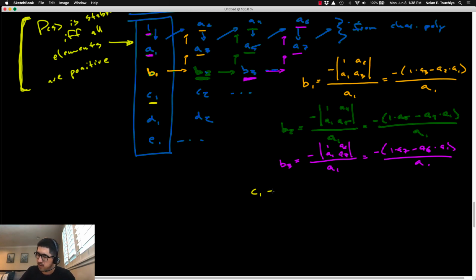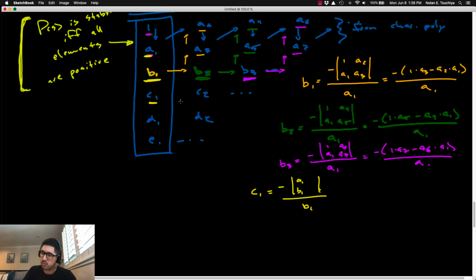C1. C1 is equal to minus the determinant of a 2 by 2 matrix, all divided by the first term in the row above it. So B1 is the first term in the row above C1. The 2 by 2 matrix associated with C1, well, I get the first two elements by going to the first two elements in the two rows above. So A1, B1.